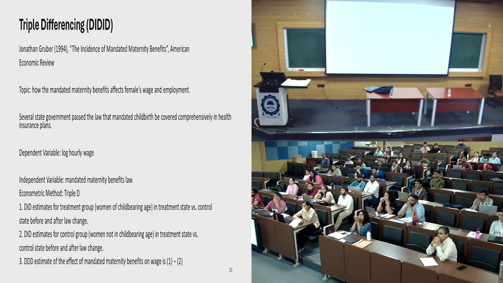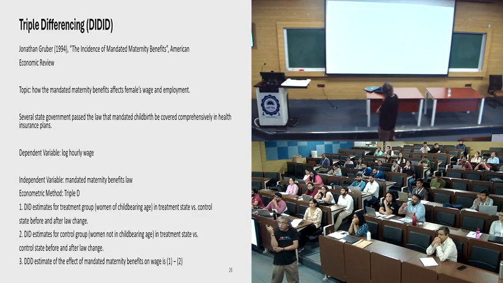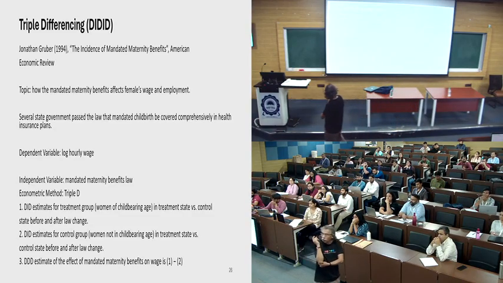Gruber also has a paper about this in AER, on how mandated maternity benefits affect female wage and employment. Several state governments passed the law that mandated childbirth be covered comprehensively in health insurance plans. The dependent variable was log hourly wage.